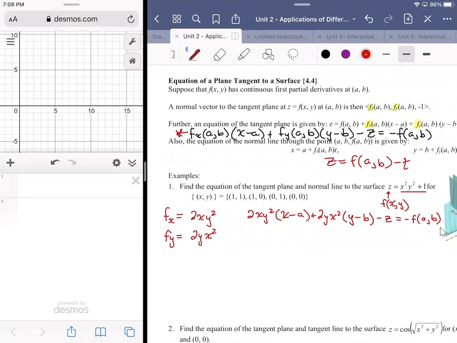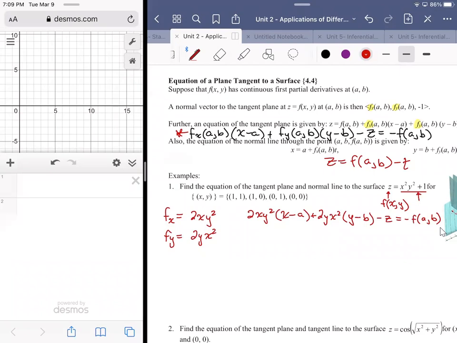Okay. So the points that we're given are (1, 1), (1, 0), (0, 1), and (0, 0). Those are all ready to be popped in. Now, that negative f of a comma b is related to this guy over here, substituting in the particular values for x and y.